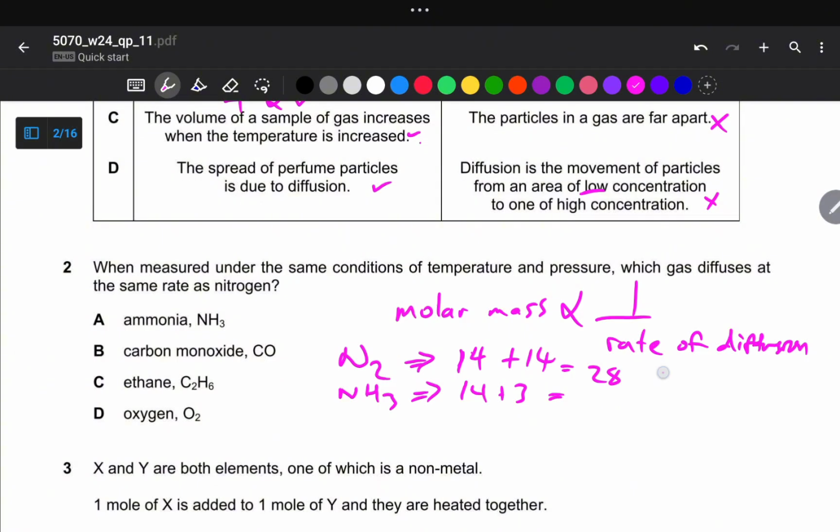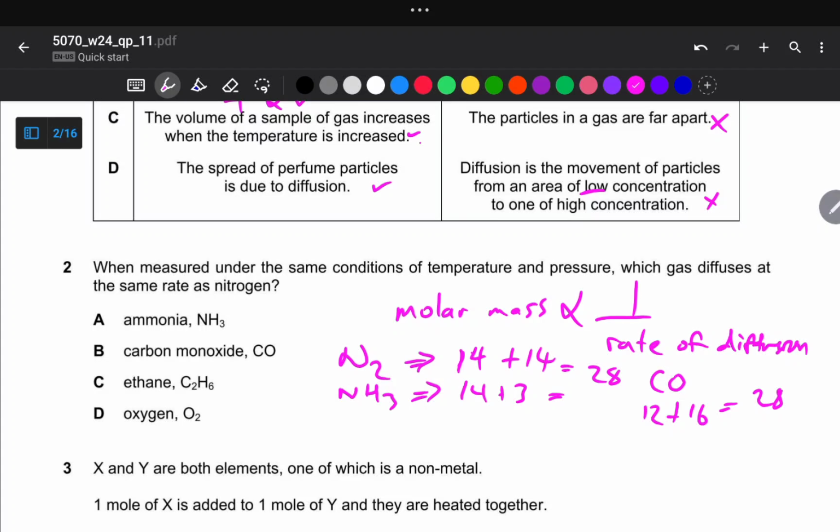And then for carbon monoxide, it's 12, the relative atomic mass of carbon, plus 16, the relative atomic mass of oxygen. So this gives us 28, right? So 28 is equal to 28, the mass of nitrogen.